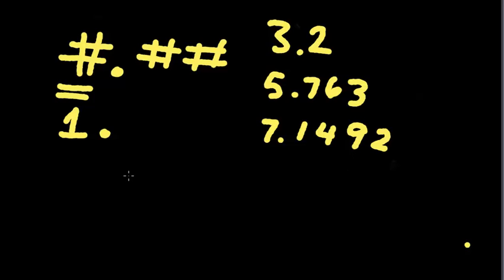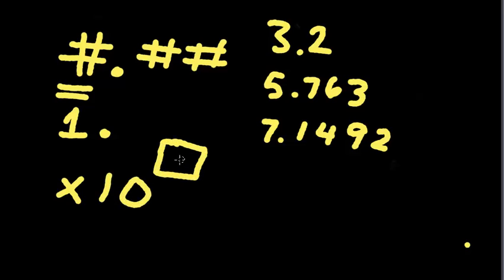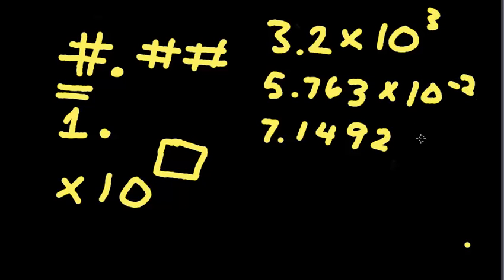And then they're always times 10 to some power. And that number can be a positive power or a negative power: times 10 to the third, times 10 to the negative 2, times 10 to the eighth. So that is the form of scientific notation.